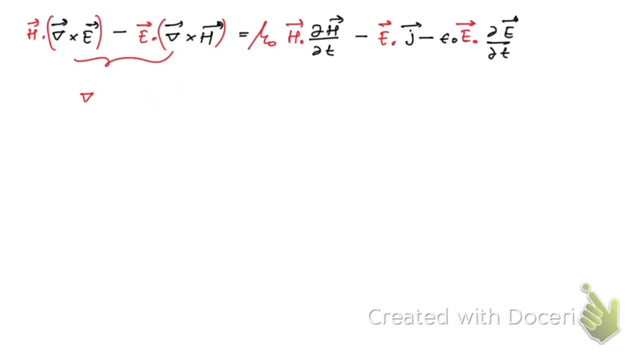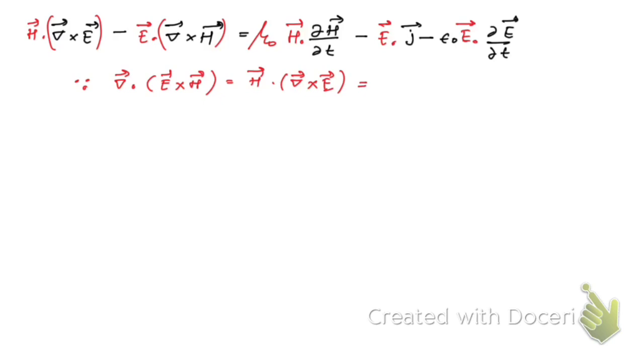So you can write, since del dot E cross H can be written in this way, that H dot del cross E minus E dot del cross H. Therefore, this above equation can be written this way.